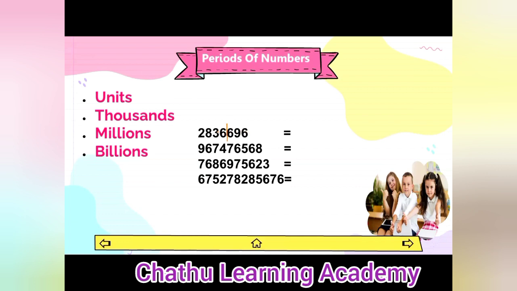Then again 1, 2, 3. Likewise, you can separate the given number into groups. Then after that, you should write this given number like this: 2, 8, 3, 6 and 6, 9, 6. Here you want to leave certain space.